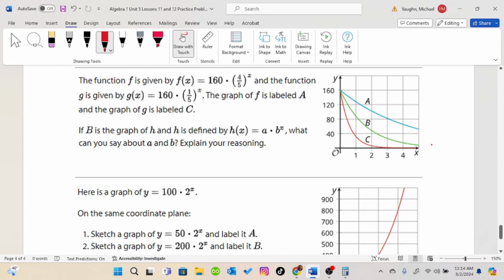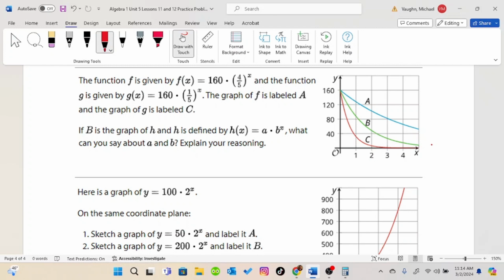The function f is given by f of x equals 160 times 4/5 to the power of x. And the function g is given by g of x equals 160 times 1 over 5 to the power of x.